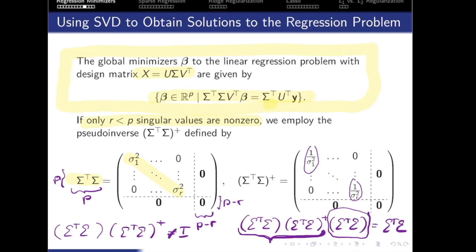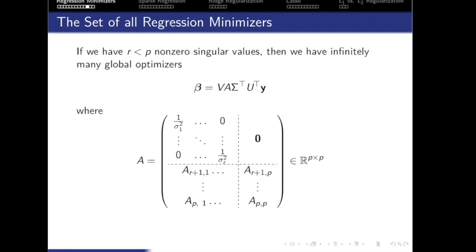If you want to look up how that goes in detail, then please have a look at the accompanying math PDF. Now if we take this shape of sigma transpose times sigma and calculate a bit around with it, then we see that if we have r smaller than p non-zero singular values, then we have infinitely many global minimizers.